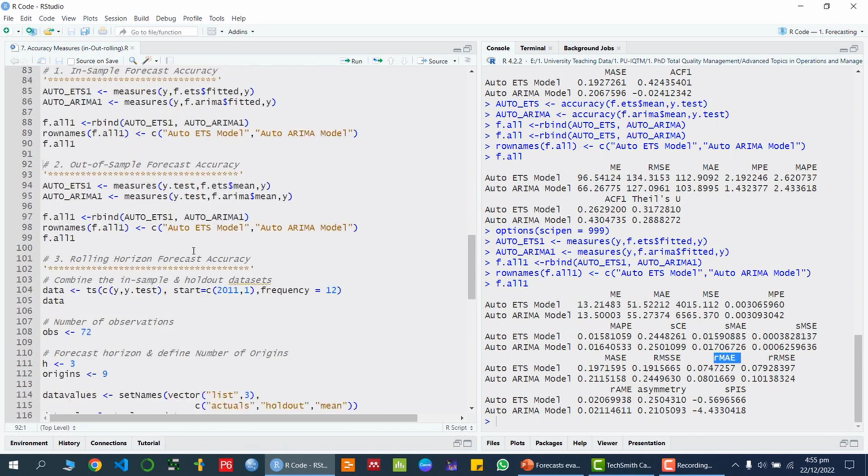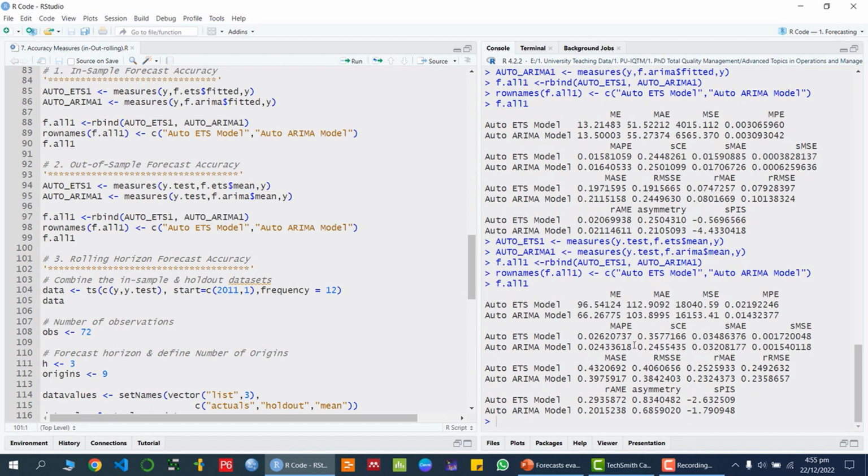Similarly, for out of sample, instead of using fitted, you have to use the mean. Now it is giving the out of sample forecast error. You can see based on out of sample, it seems that ARIMA models are doing good compared to the exponential smoothing models for this particular data set.